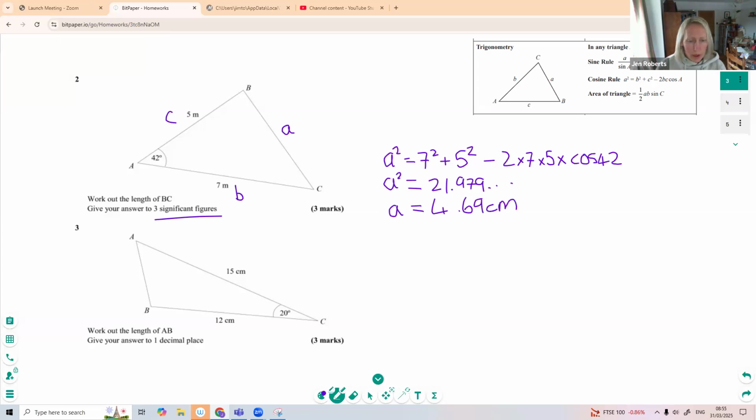So for this next one, they haven't got it labelled as I want. We want the length of AB, so I'm just going to put that as x as it is.